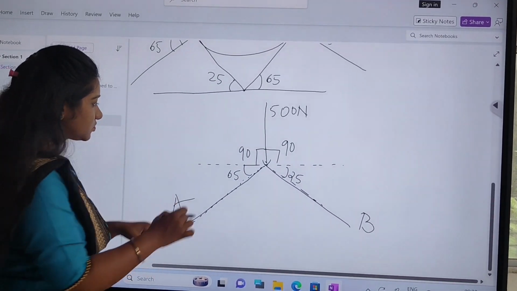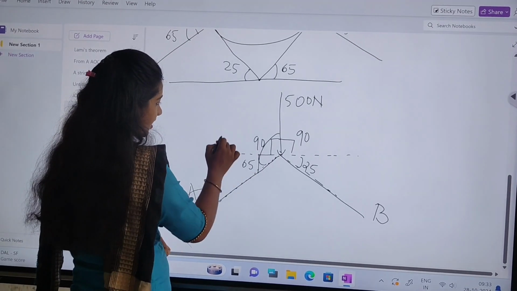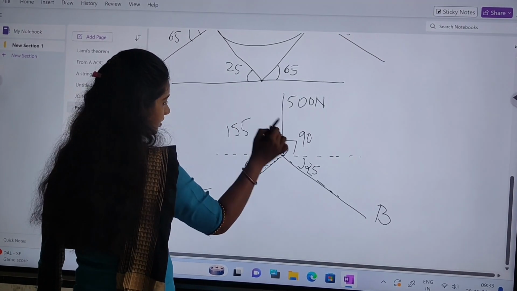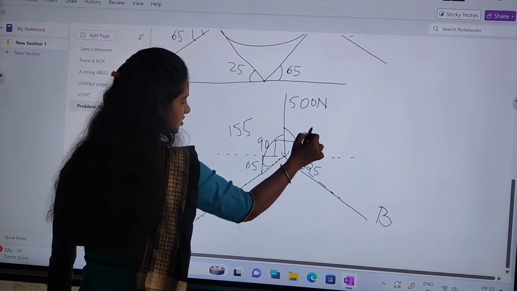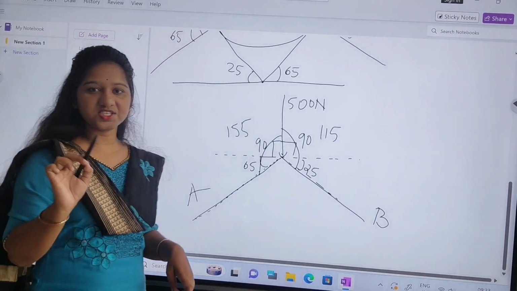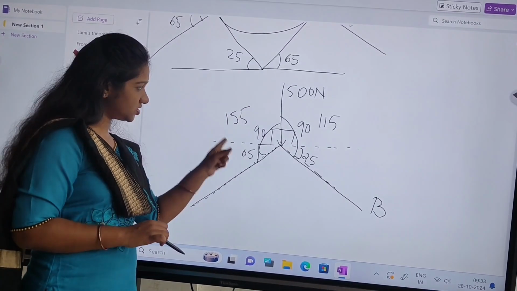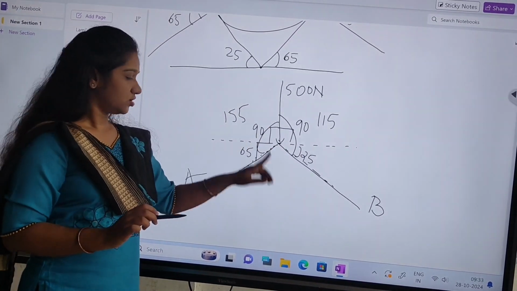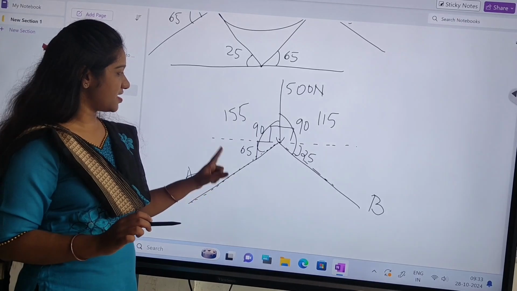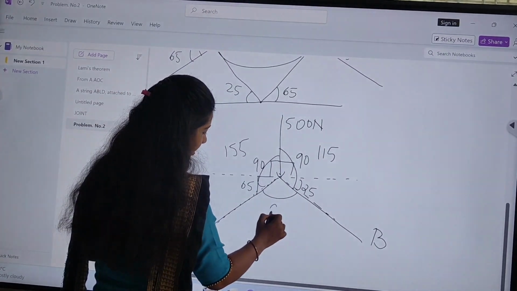Next, here the corner is 90 plus 65, 155. Next, 90 plus 25, 115. We know a circle is 360 degree. Next, this one also a circle. We find out this corner and this corner. So this corner is 360 minus 155 plus 115. So this corner is 90 degree.